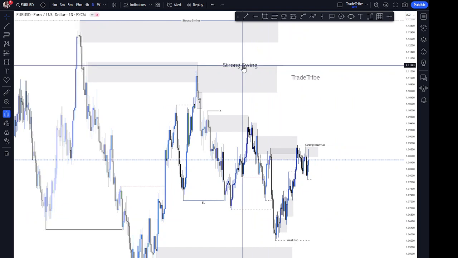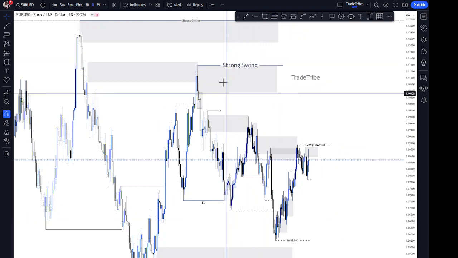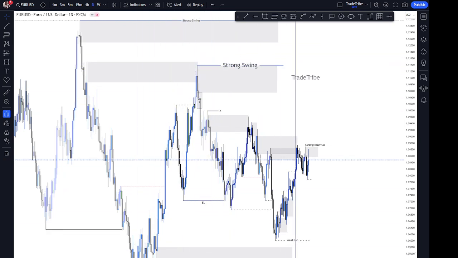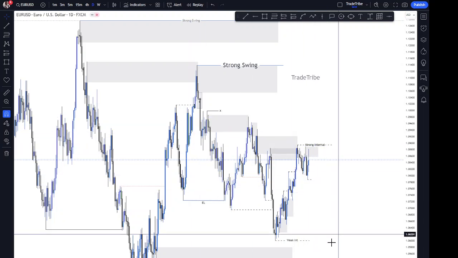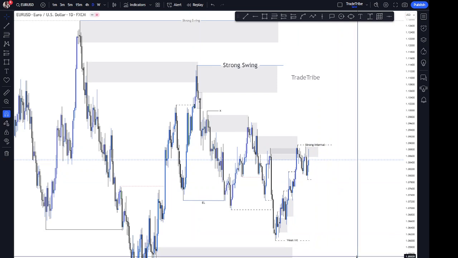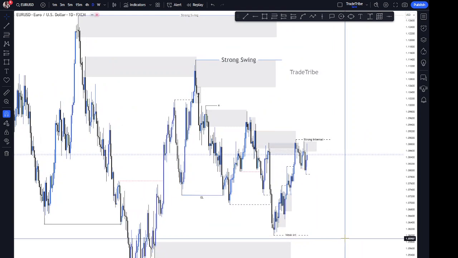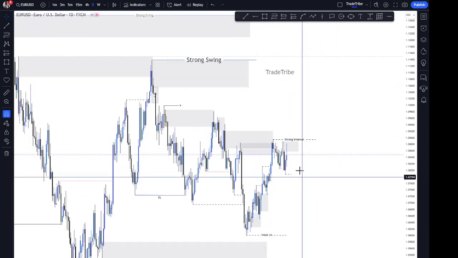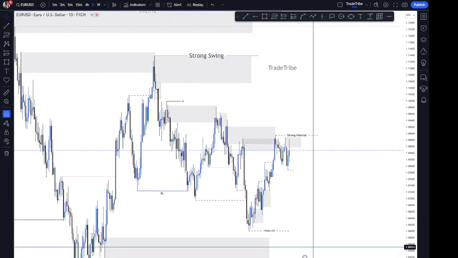So on daily time frame, the market is bullish. We have marked a strong swing and weak swing. The internal is bearish, because you can see the market trending to the downside. So we are not looking forward to violating the demands on top here, but rather the supplies below here.